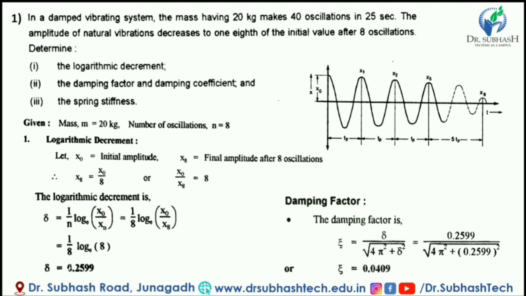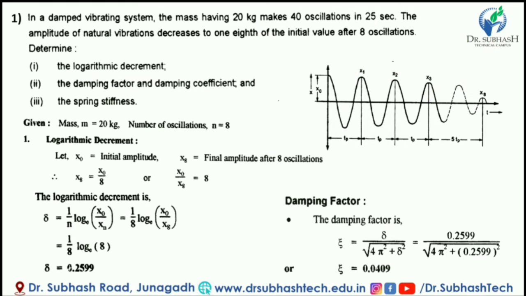So the decrement of amplitude in one cycle, two cycles, or any number of cycles is found with the help of a logarithm. So it is called the logarithmic decrement, and it is denoted by delta. The logarithmic decrement can be found for one cycle, two cycles, three cycles, four cycles, and any number of cycles.